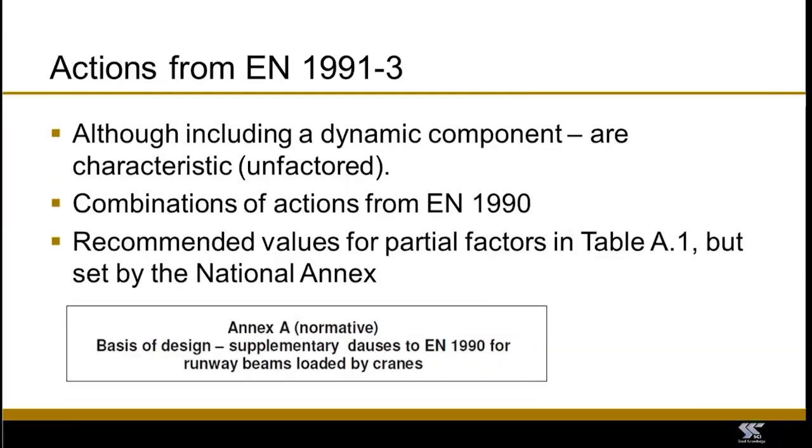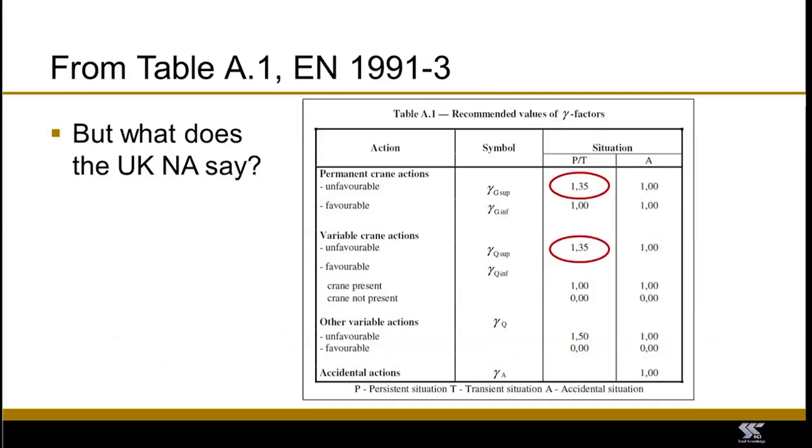Even though they have been amplified by a dynamic factor, they're still characteristic, and therefore we need to combine them with other actions and determine the design combination of actions. We have Annex A in 1991-3, which tells us the partial factors we should apply. And this is the slide I've been leading up to, ladies and gentlemen, because look at the partial factors over on the right-hand side.